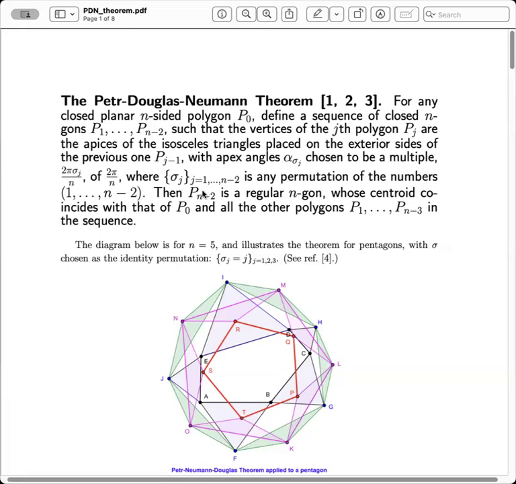Then the n-2nd polygon in this sequence is a regular n-gon whose centroid coincides with that of P0 and all the other polygons P1 to Pn-3 in the sequence.